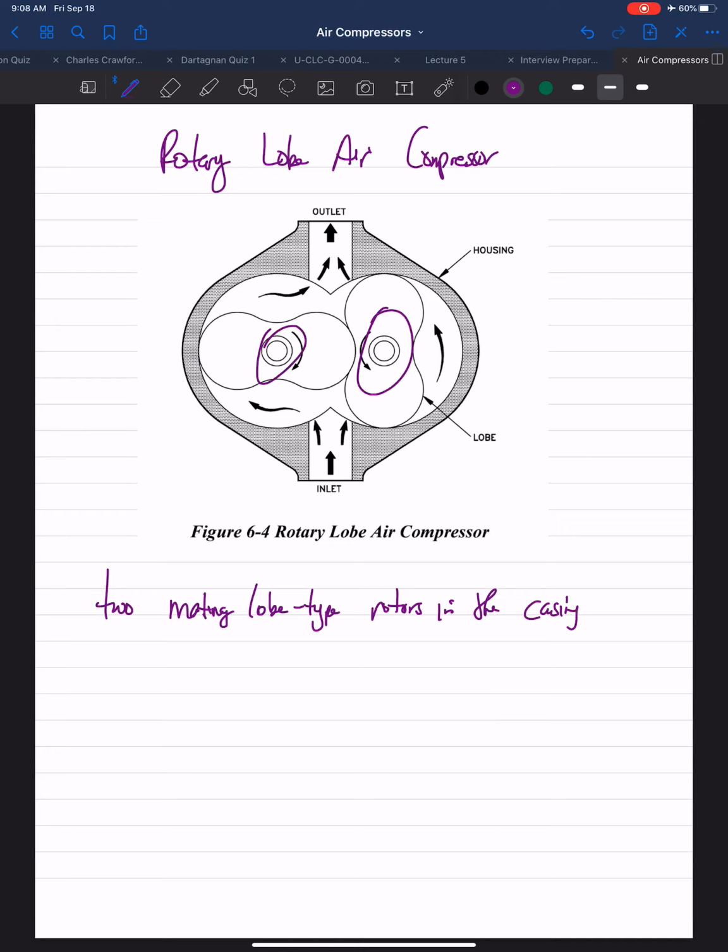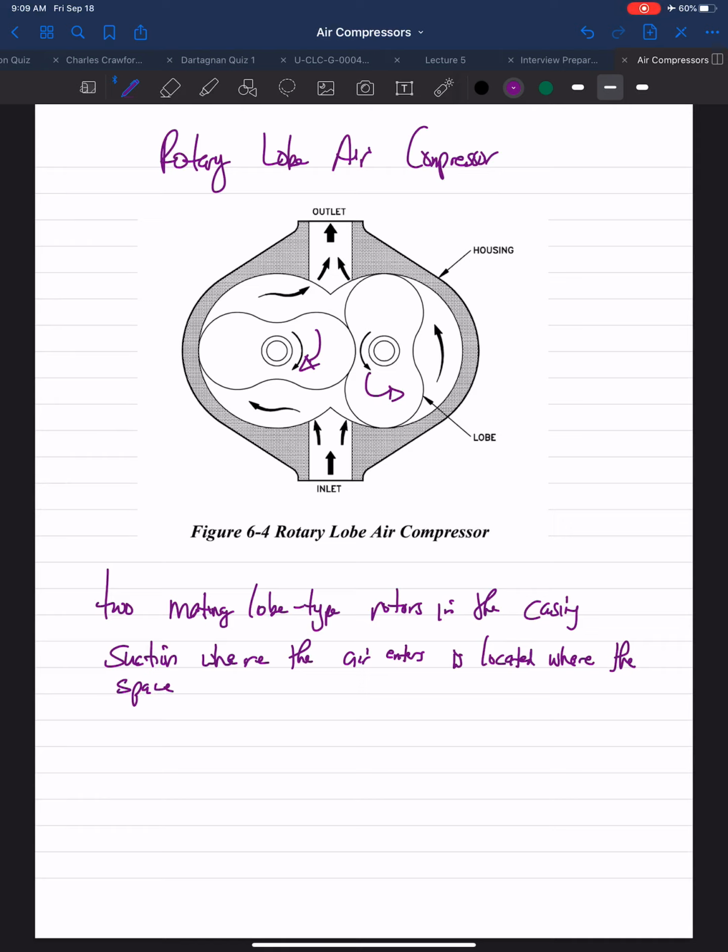This one rotates this way, this one rotates this way. The suction or inlet, where the air enters, is located where the space or cavity is the largest.